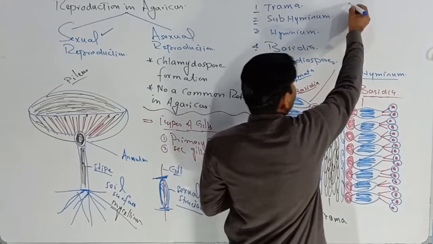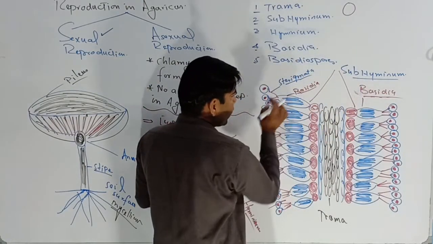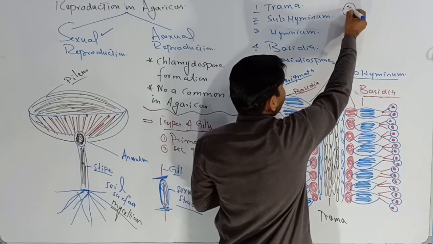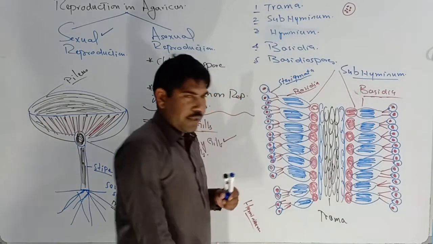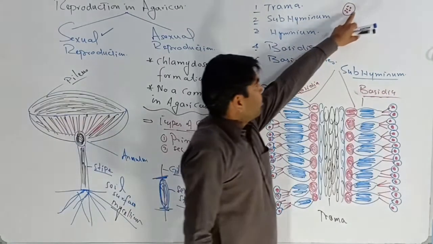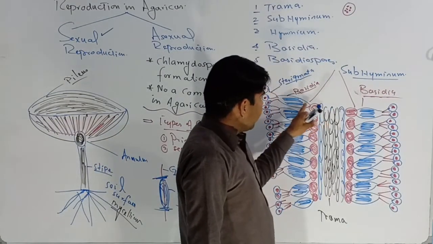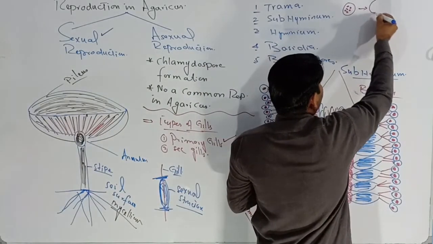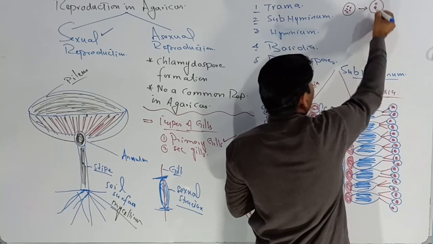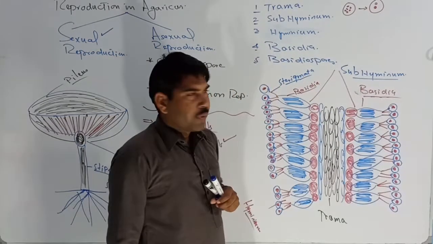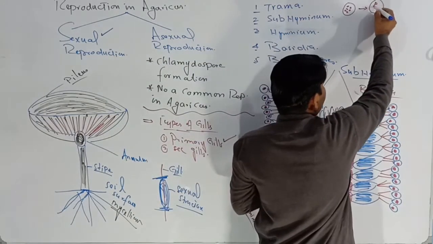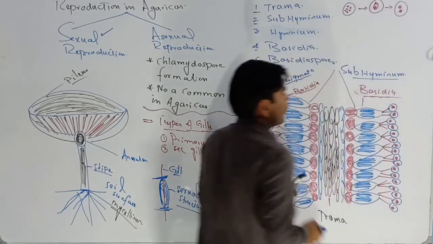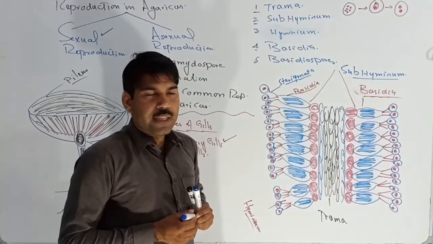For example, this is a cell which is giving rise to the basidia, and this cell is multinucleated. When it gives rise to the basidia, all the nuclei will disintegrate and only 2 nuclei will remain. Now these 2 nuclei fuse with each other and make a diploid zygote.